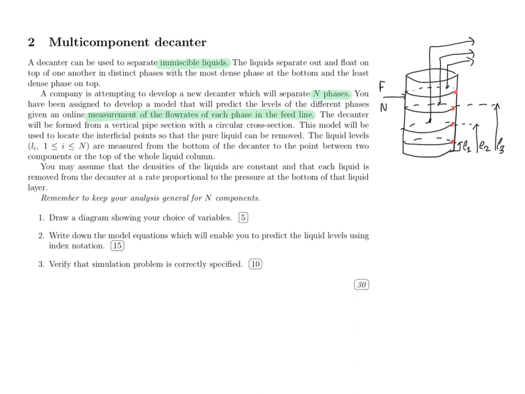Right. There is a level that's going all the way to whatever the top liquid is, and maybe there's actually air here, and so this last level, so there's a lot of interstitial ones there, and then that will be n. Okay.